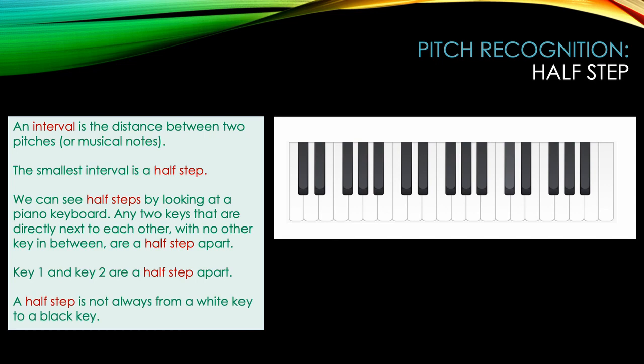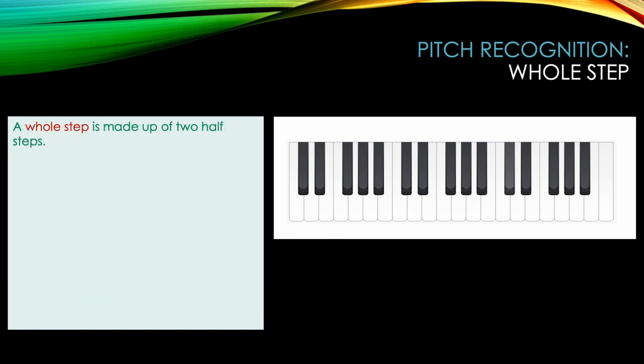A half step is not always from a white key to a black key. In this example, it's between two white keys because they are directly next to each other with no other key in between, so they are also a half step apart. A whole step is made up of two half steps.